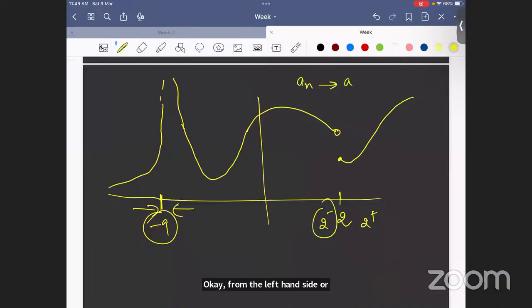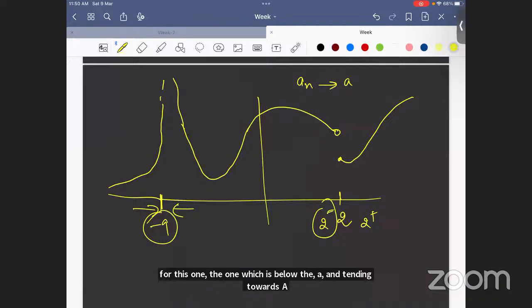If it's coming from one direction itself and you are not getting any value L, can you give an example? From the left hand side we don't have anything. For which example? The one below, where AN tends towards A, the one which is discontinuous.